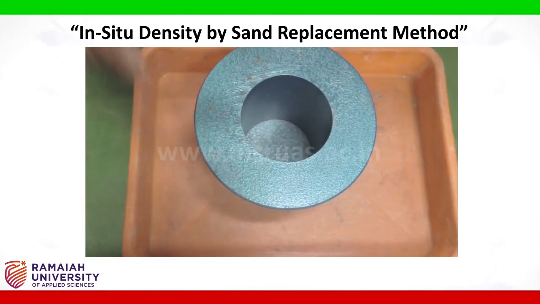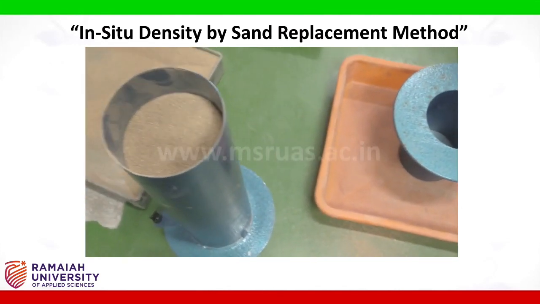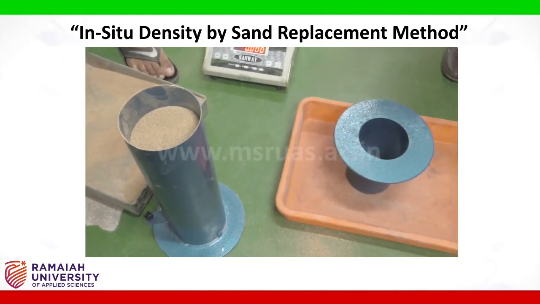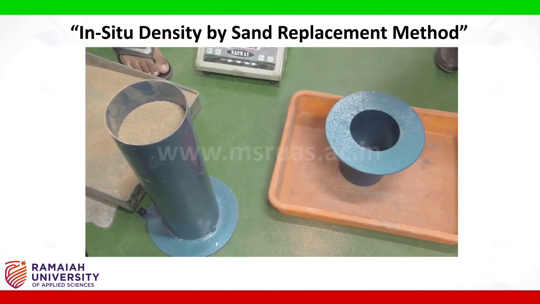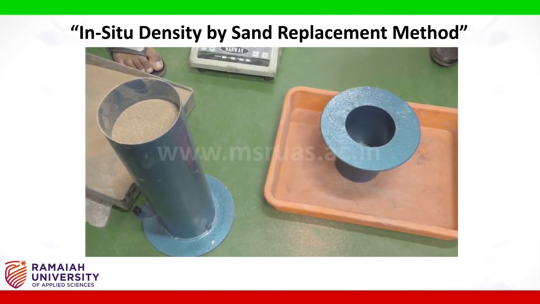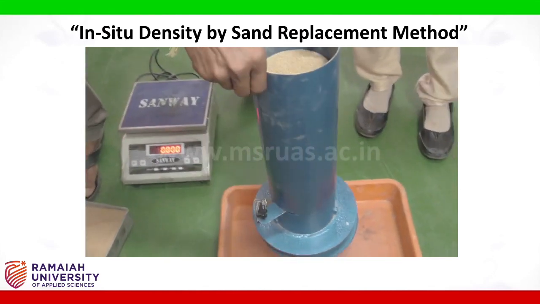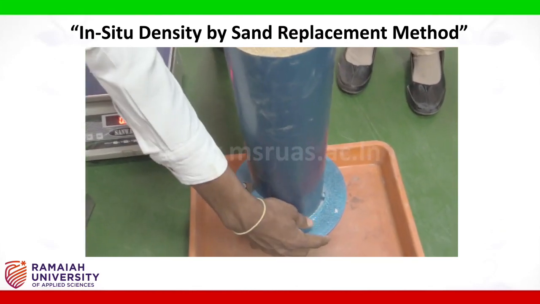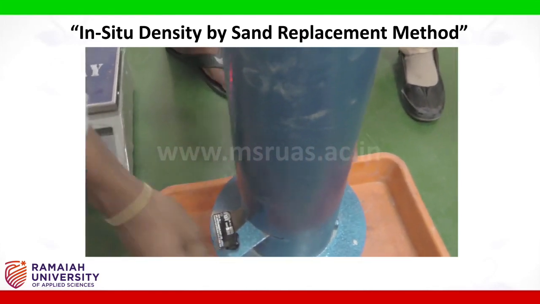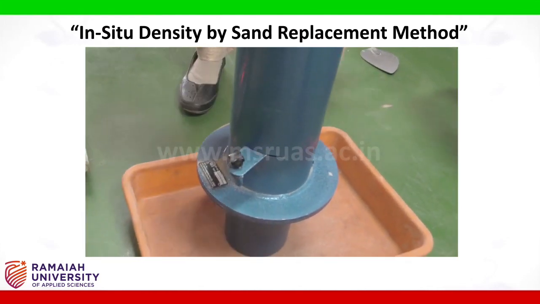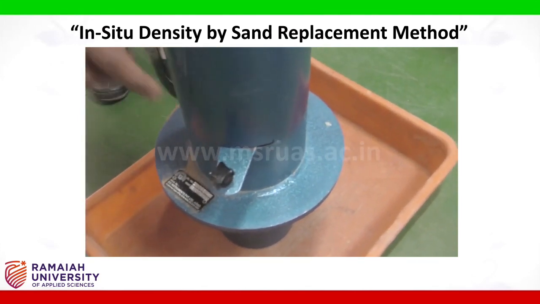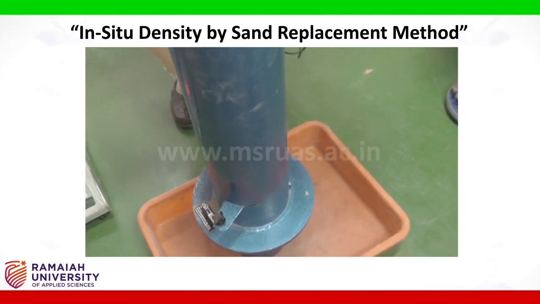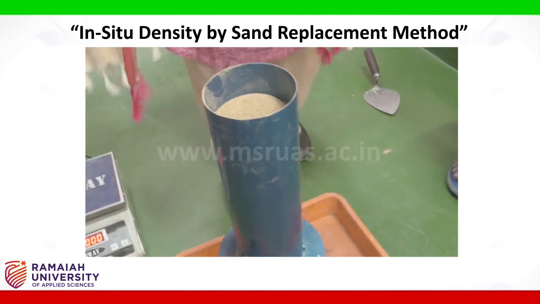Now place the sand pouring cylinder on the top of the calibrating container such that this hole is completely covered by the hole in the sand pouring cylinder. After placing it firmly, open the valve so that sand falls into the calibrating container.